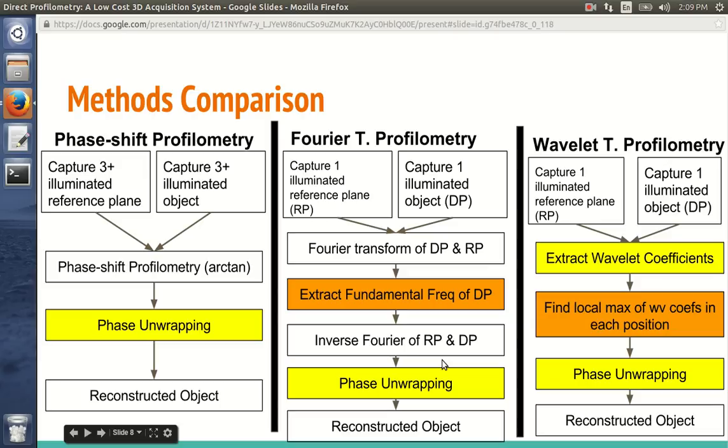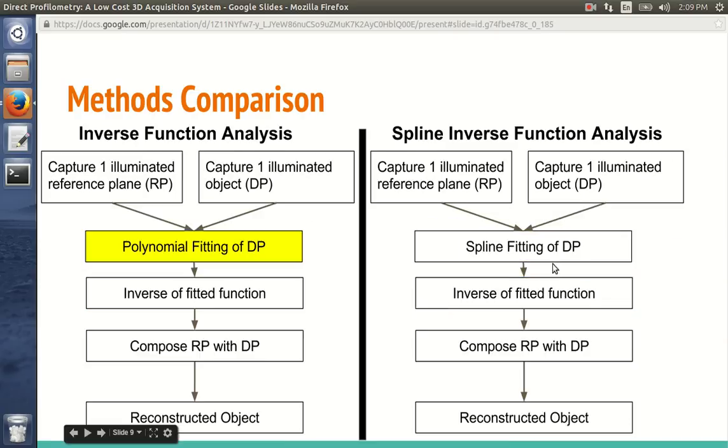Here in wavelet transform profilometry it has two parts that need high computation, in IFA it has one, but in SIFA it has none. So the whole process is low cost.